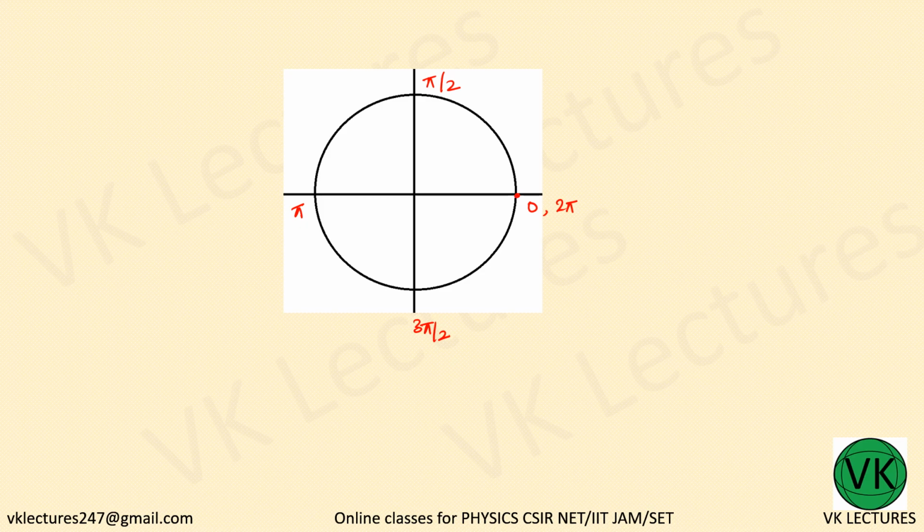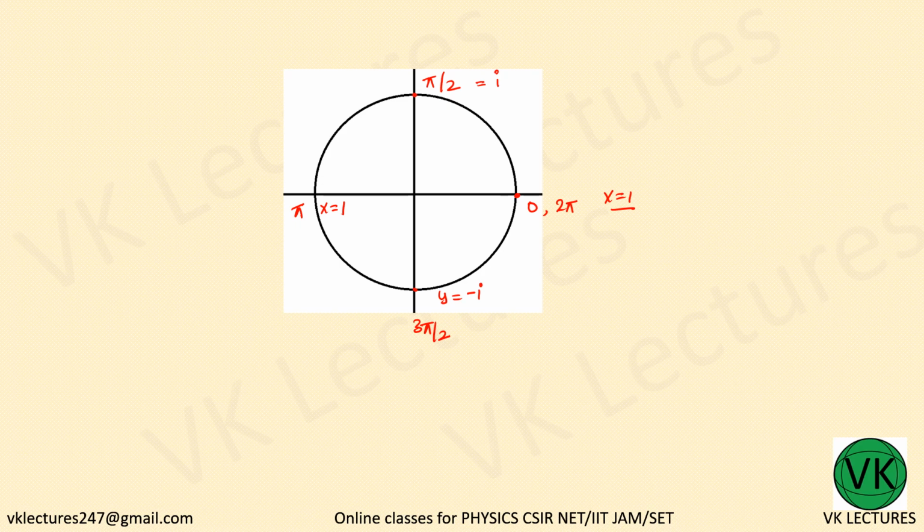This point is where y equal to 0, that means x equal to 1. This is a point where x is 0, y is 1, that is i. This is a point where x equal to minus 1. This is a point where y equal to minus i.